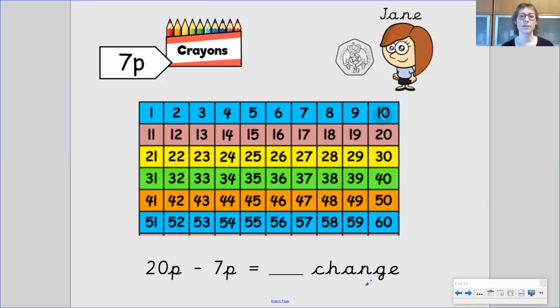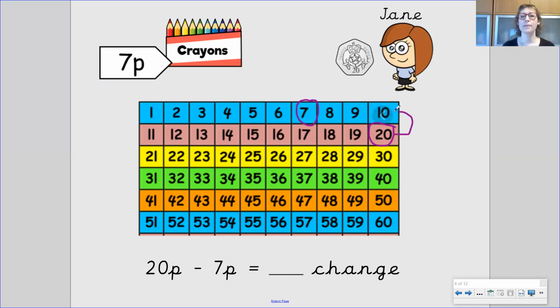Okay, I will do the next one with you. So the crayons cost 7p, and Jane has got a 20p piece. So let's find those two numbers on our 100 square. Not really 100 square, it doesn't go all the way to 100, it only goes to 60, but it's past 100 square. So the crayons cost 7p, and Jane has got 20p. So we're going to count back from 20 to 7.